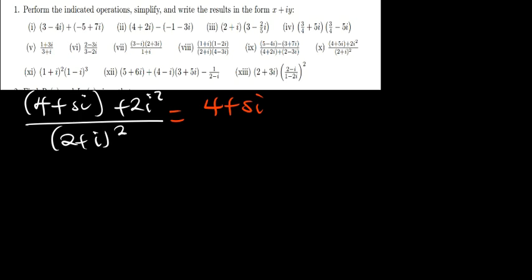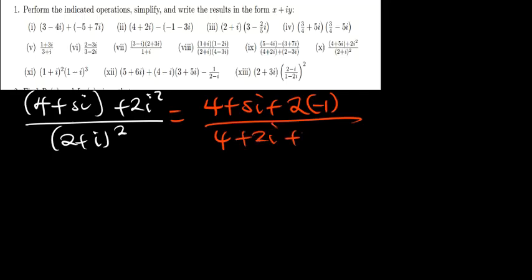I'll remove the brackets, plus this is going to be 2. Where there is i squared, replace it with negative 1. I'll divide this by, this one now is the same as 2 times 2 is 4. 4 times 2 times i is 2i. Then i times 2 is 2i. i times i is i squared, like that.